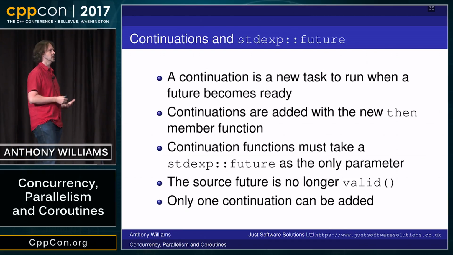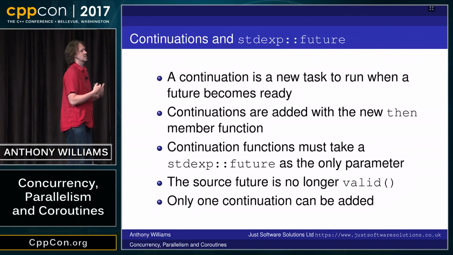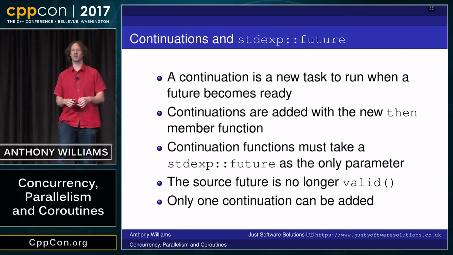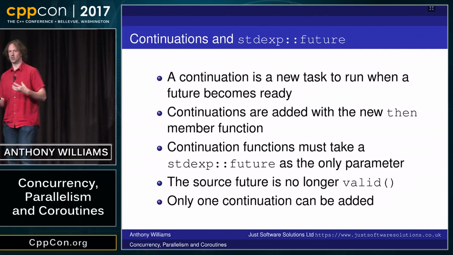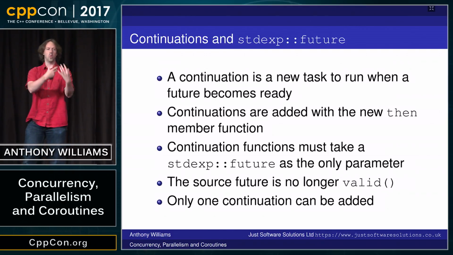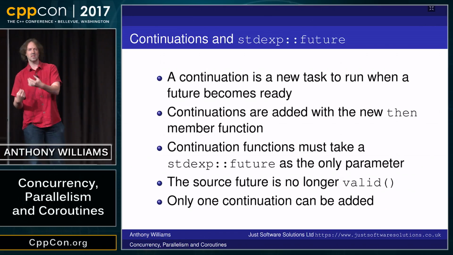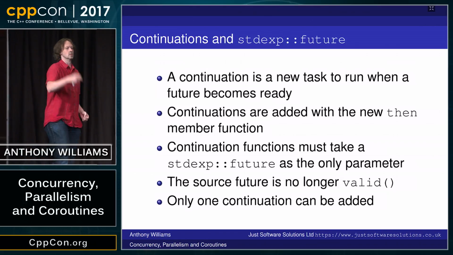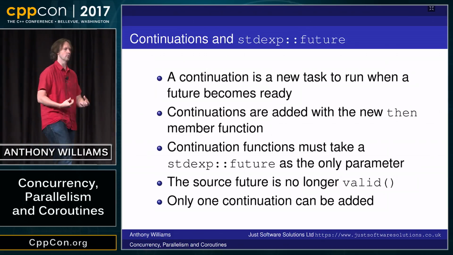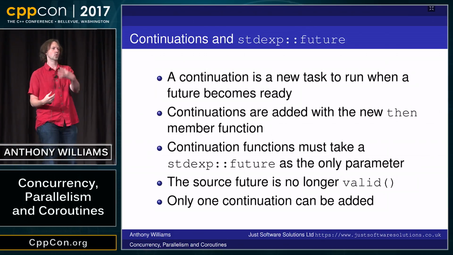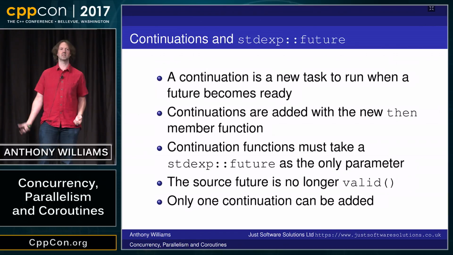But alternatively, with the concurrency TS, we now have this new member function on the future, then. So you can say, when the value is ready, then do this. And the library will take care of automatically scheduling your new task when that value is ready.